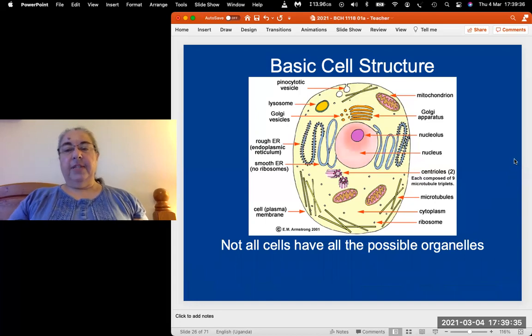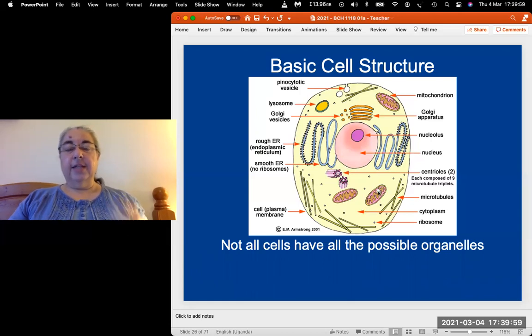So another point that's important to remember is that not all cells have all the possible organelles. So there are even some cells without a nucleus. Mature red blood cells, for instance, have lost their nucleus, although immature red blood cells do have a nucleus.